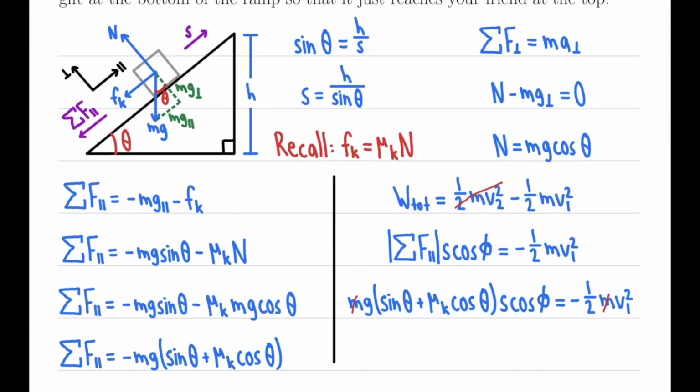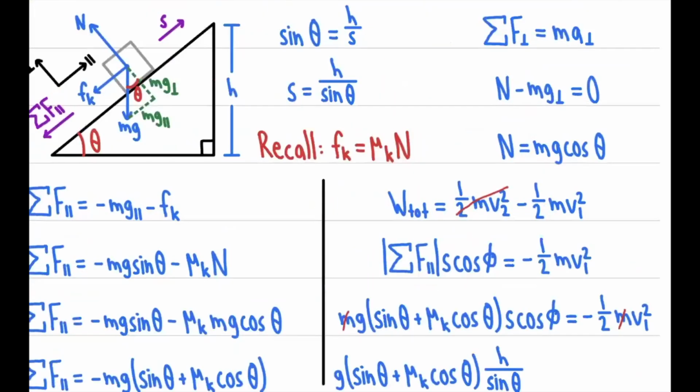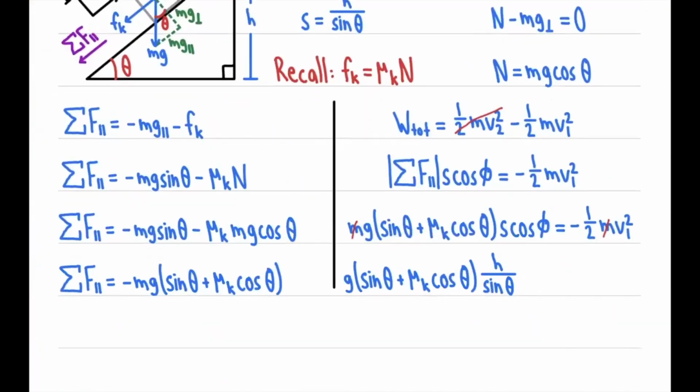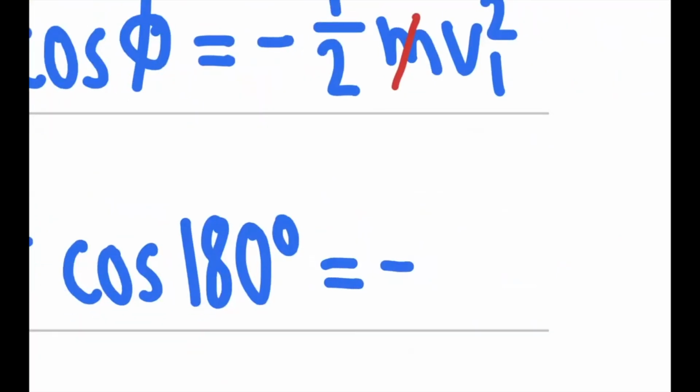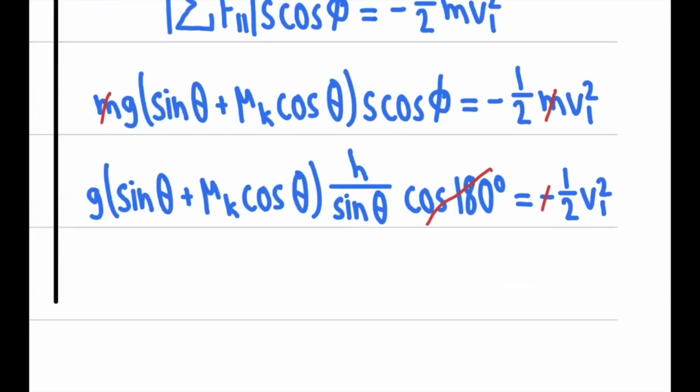Let me plug that in here. And remember, phi is 180 degrees because the net force vector and the displacement vector are anti-parallel. So I'll just plug that in. I love it when the negatives cancel out. So satisfying. Cosine of 180 degrees is just negative 1, and that's just going to cancel out with this negative here.